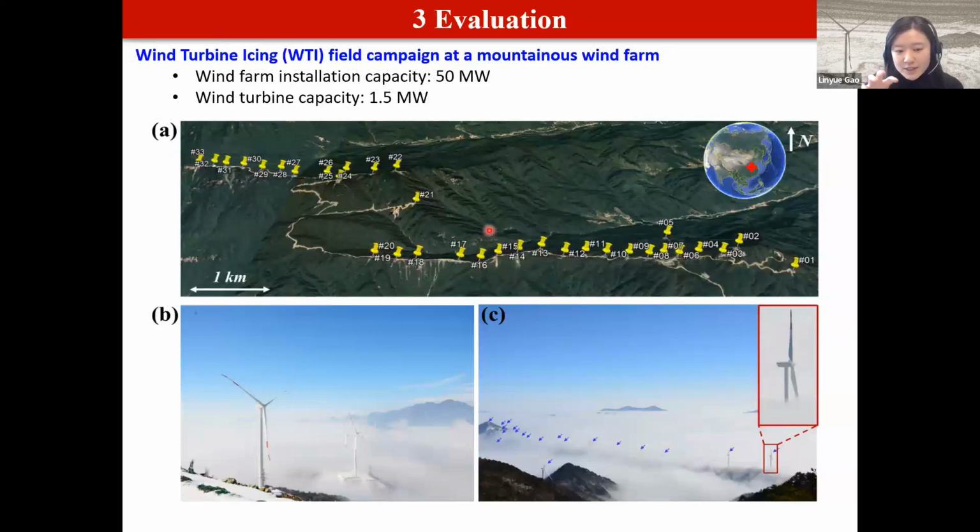Those show the locations of the wind turbines. And here shows more pictures related to the wind farm. You can see the wind turbines were enveloped by thick freezing fog in winter. And for this one, each mark shows each wind turbine.